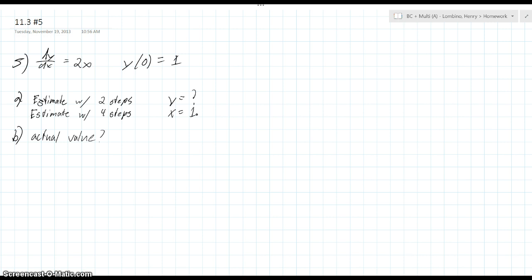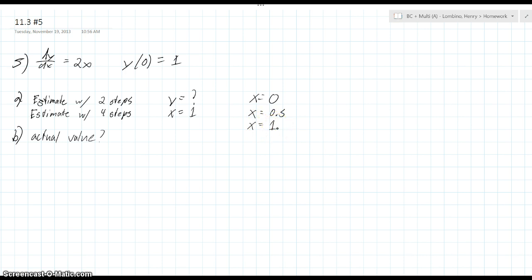We have the initial value of x, which is x equals 0, that would be step 0. Now we need to find the other steps. So we're also going to calculate when x equals 0.5, and of course the ending amount when x equals 1. So that's going to be our first part.